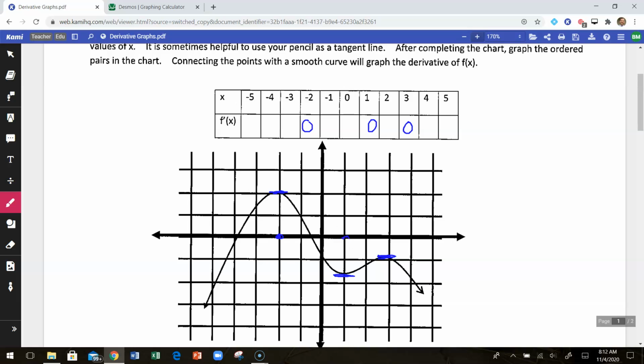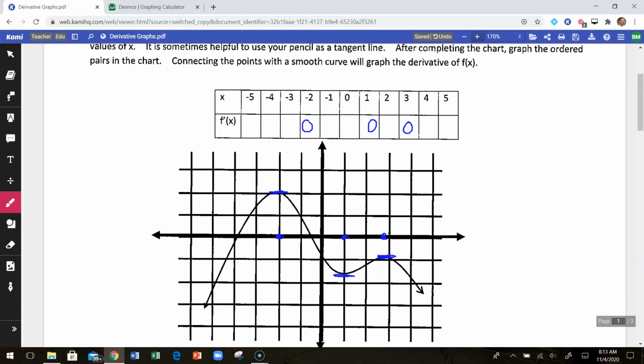And same is true at 1 and at 3. We actually know this is a little bit less than 3, so I'm going to put it just a little bit to the left of 3. But I know that my derivative is going to cross the x-axis at those 3 locations because the tangent line to the original function had a slope of 0 at those x coordinates.